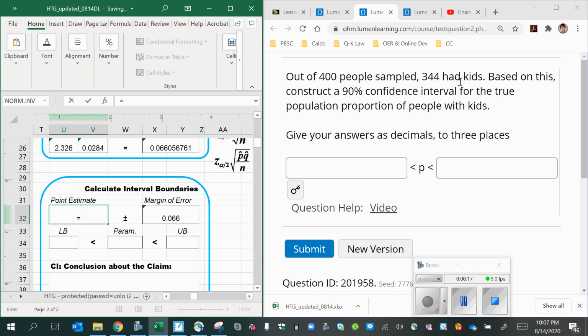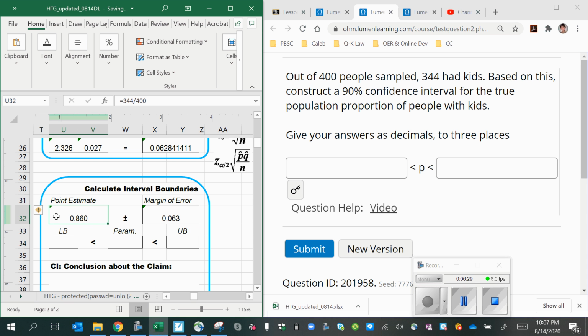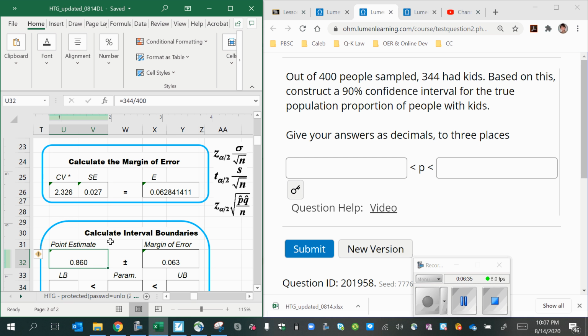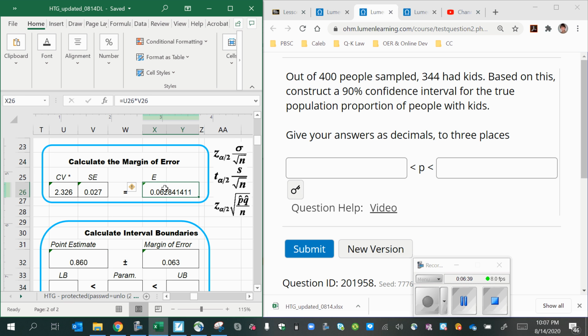So my sample proportion is 344 out of 400. There's my point estimate, and I can use that p-hat to find q-hat, which is 1 minus p-hat, and use that to calculate my standard error.